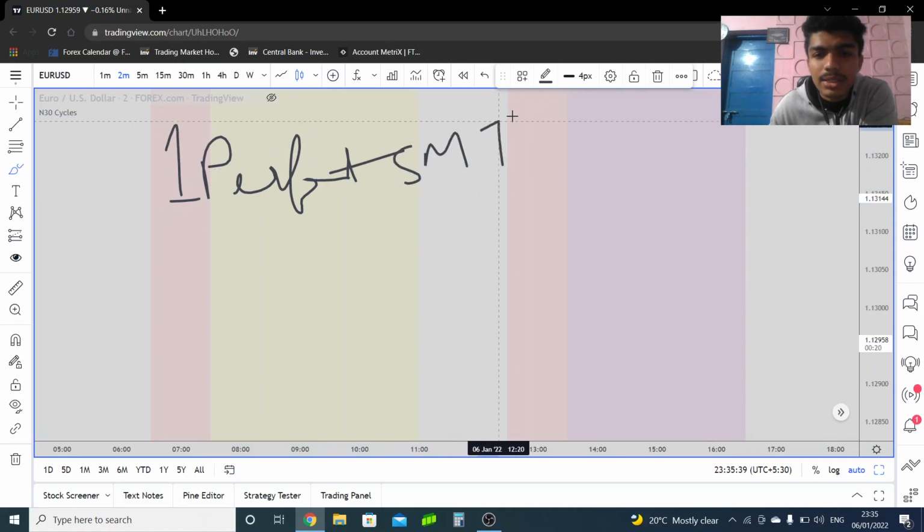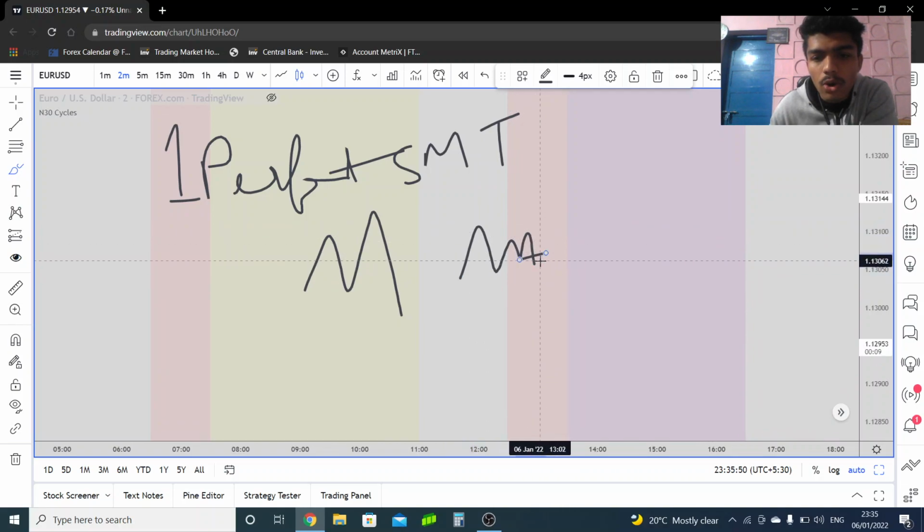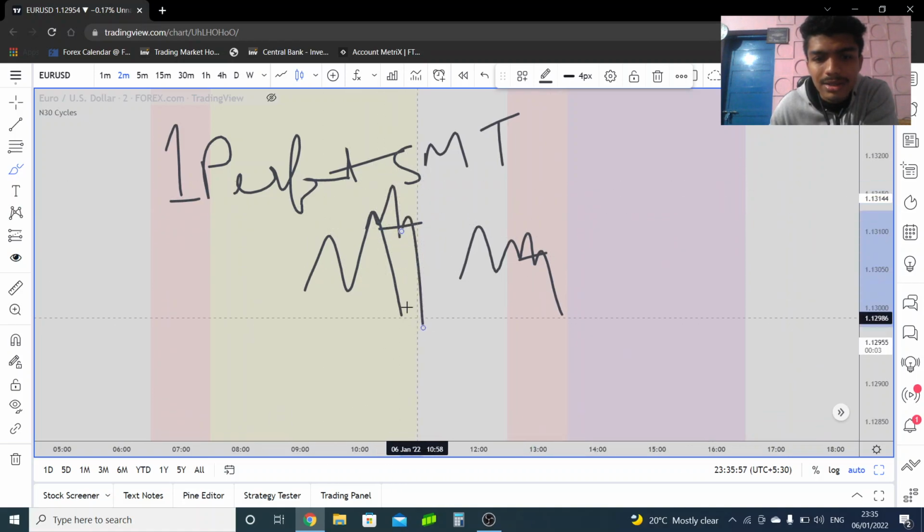Perfect SMT means one pair is taking external range liquidity, the other pair is failing to take external range liquidity, and you're looking for SMT on the second leg to go down. This is the first case scenario.